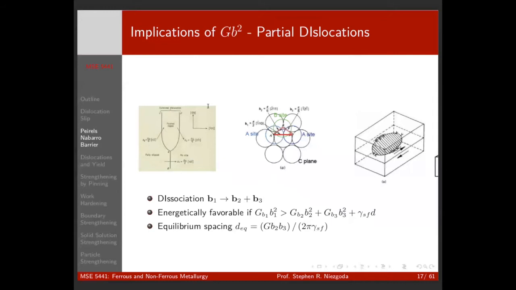A couple other important bits, and a lot of this I realize is review, especially for the graduate students. This is like the umpteenth time you've seen these things. Some of the welding students may or may not have seen this before, right? So what's the implications of this energy, this GB squared term, right?